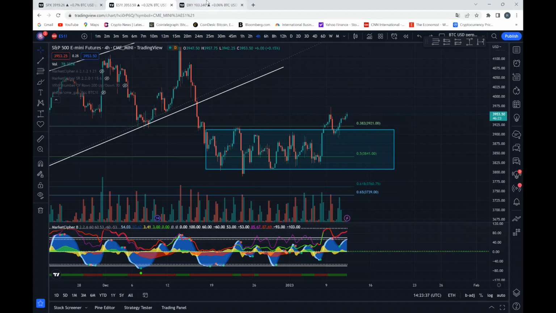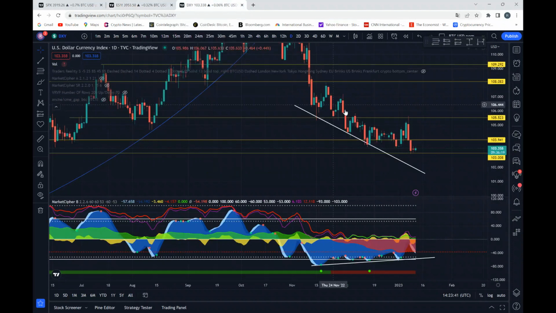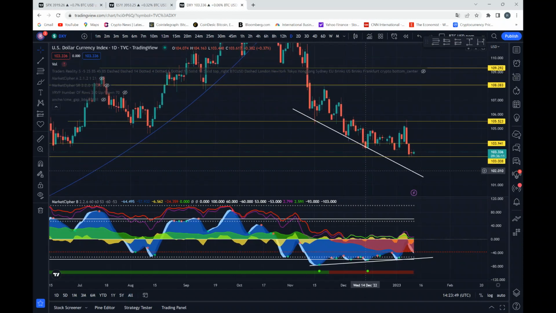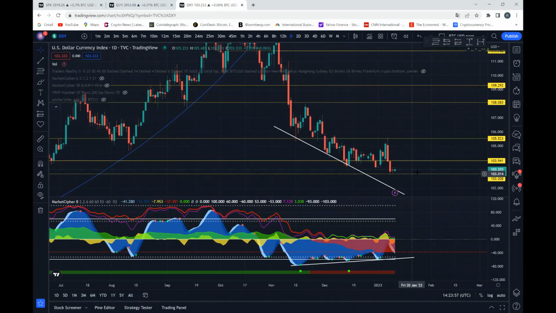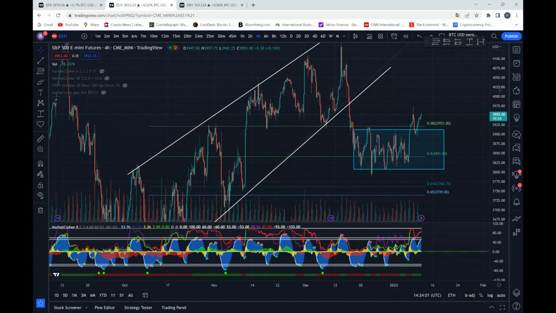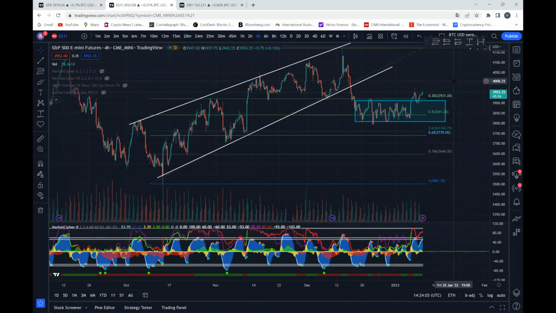I have said this already many times, but the DXY is inversely correlated to the S&P 500 and to other risk assets like crypto. I have showed you this already many times in the last week or two, and that is that we are creating this gigantic bullish divergence for the dollar index on the daily. Once this starts playing out and we are reversing to the upside, then we can expect quite the intense drop for the S&P 500.